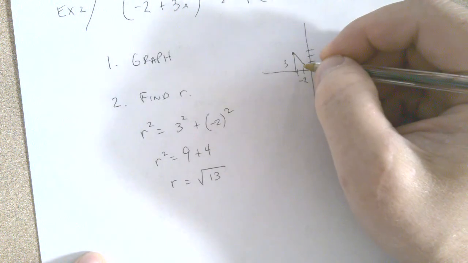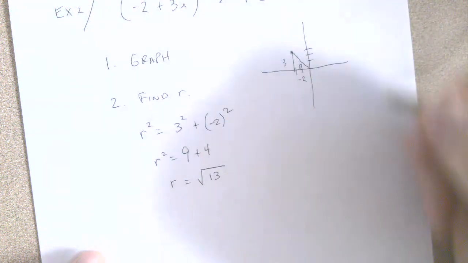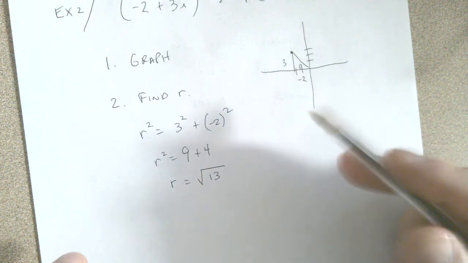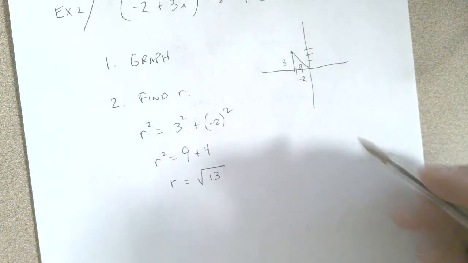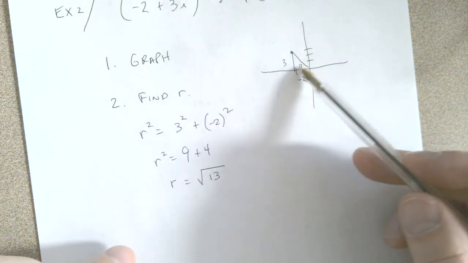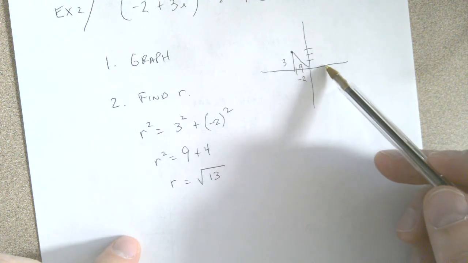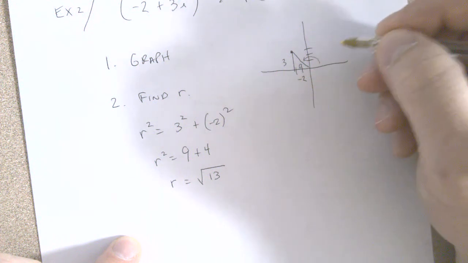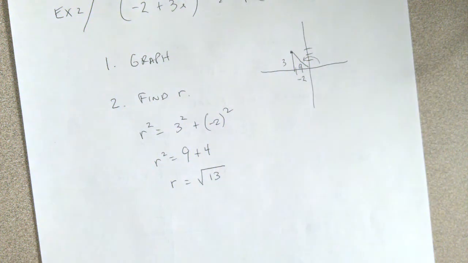Now notice our angle on this one in our triangle. Because we're in the second quadrant, whatever angle we get, we're going to subtract it from 180. This is the angle we're focusing on here.